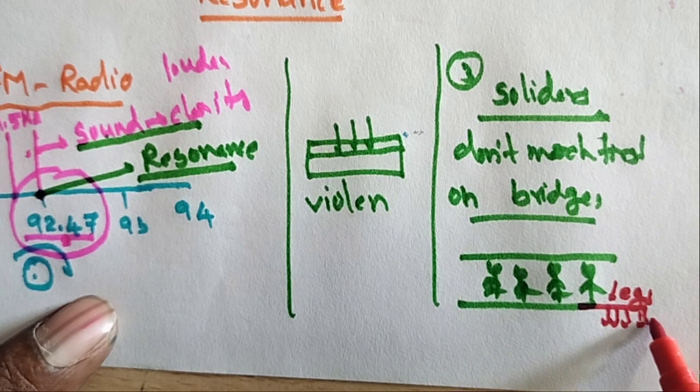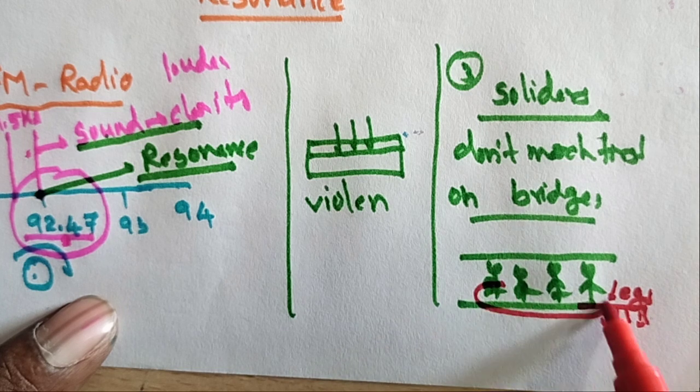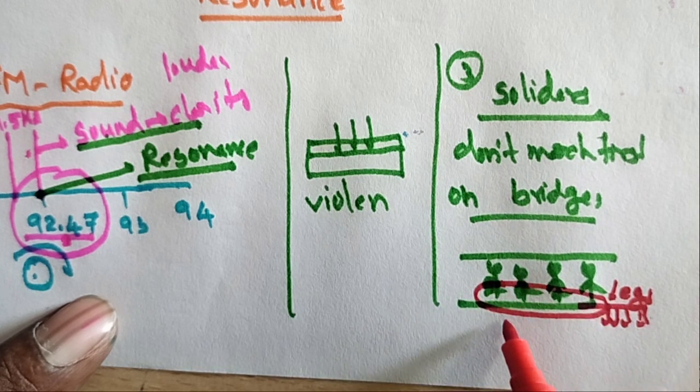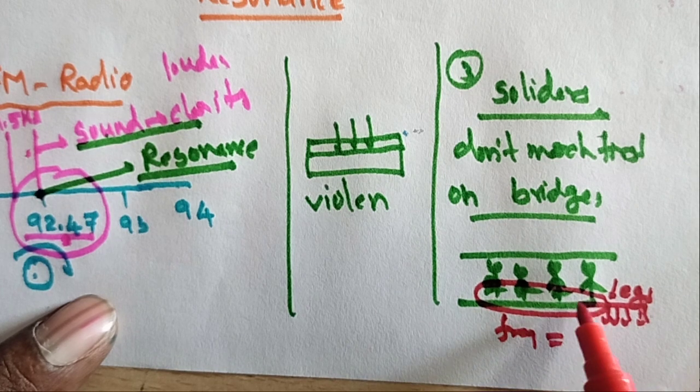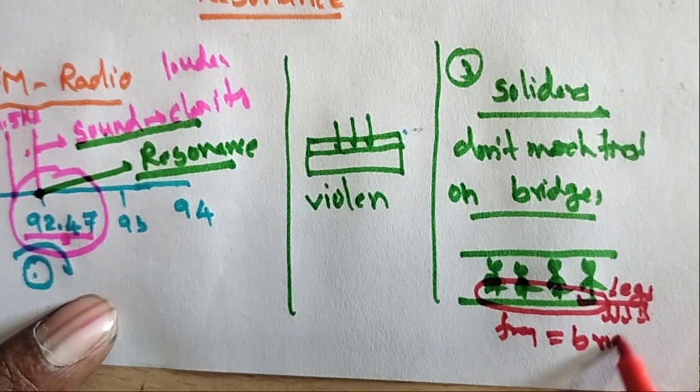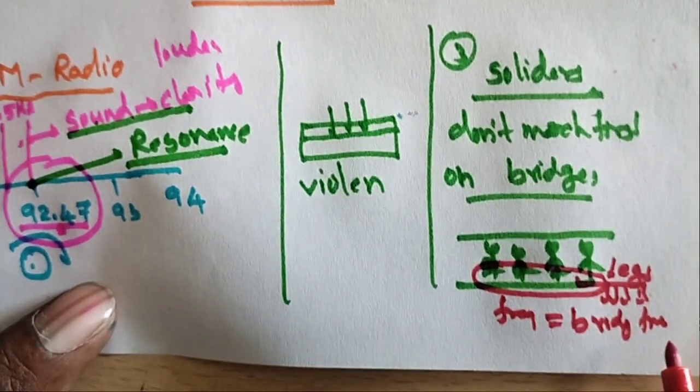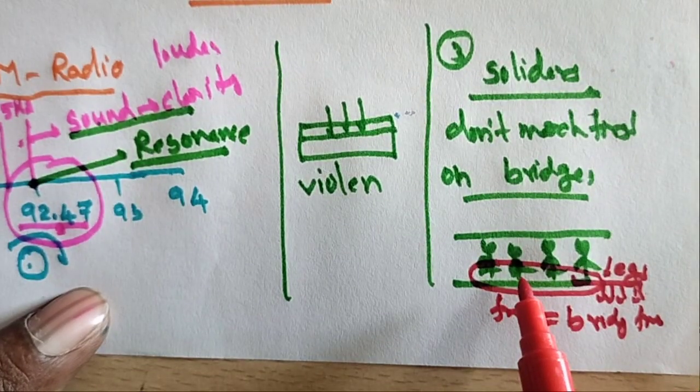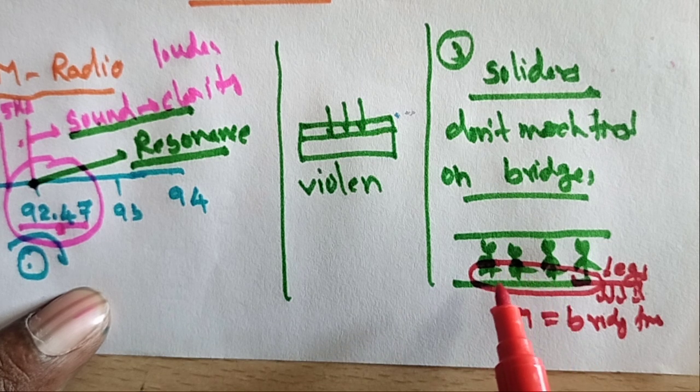Their legs have a frequency. Suppose the frequency of all the soldiers is equal to the bridge frequency. What happens? Resonance will be created, so it gives the maximum amplitude.